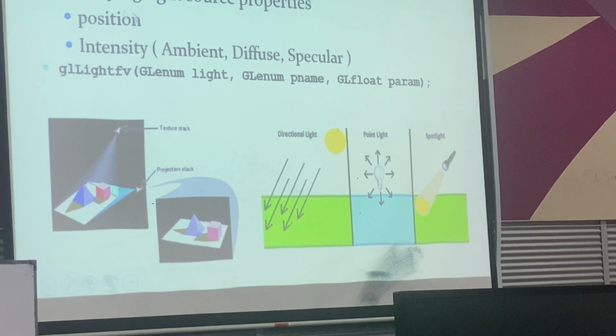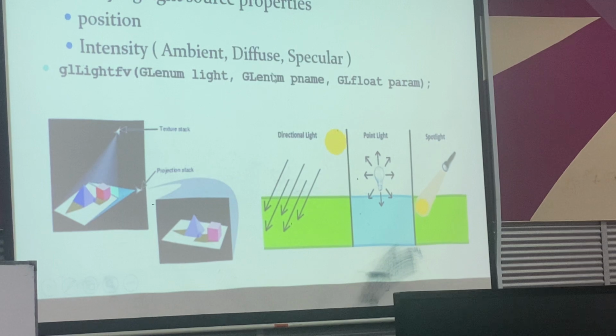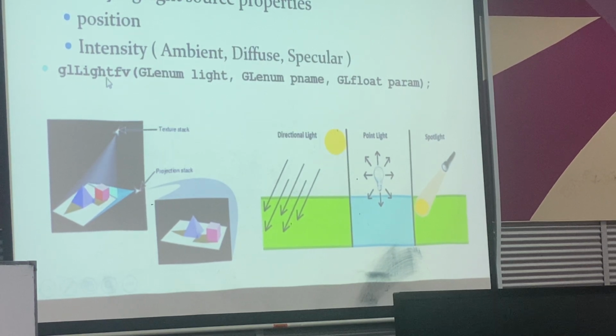Position: X, Y, Z, where you want to put your lights. Then intensity, which specifies the types of the light source: you want ambient lights, diffuse lights or specular lights. This is the command, glLightfv. F is float, V is vector.